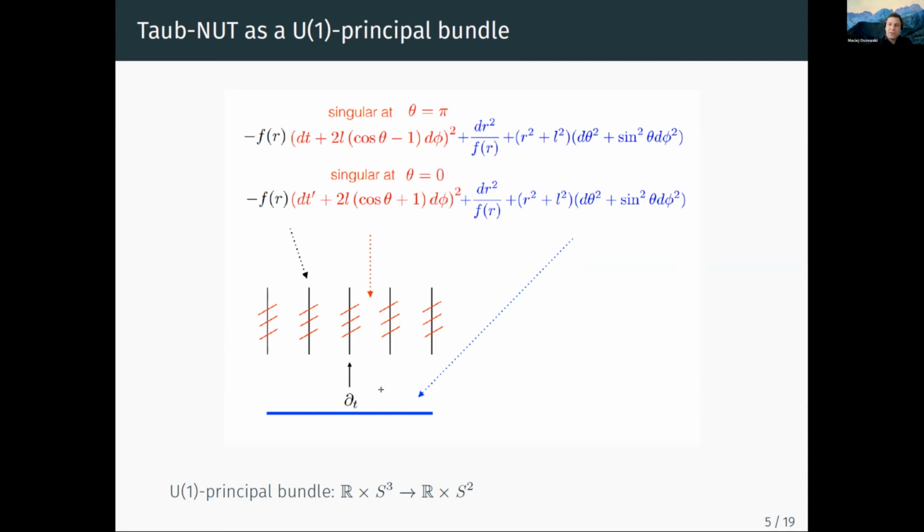So taking advantage of the fact that t is now periodic, we incorporated it in an S3 structure, a three-dimensional sphere simply.